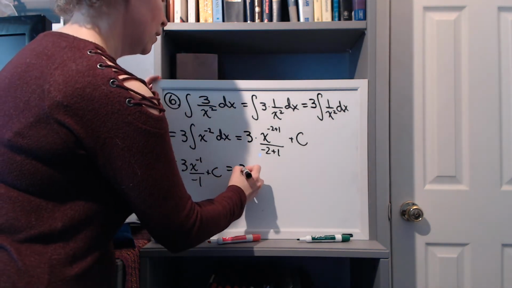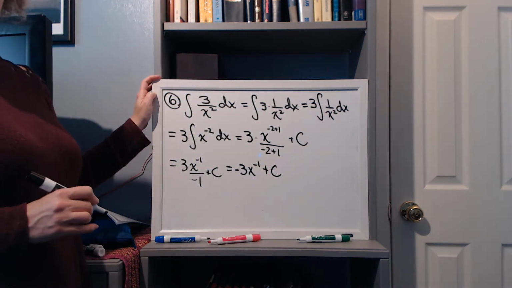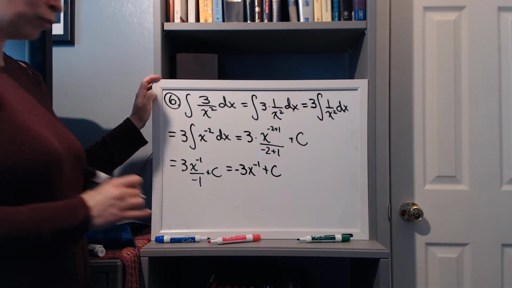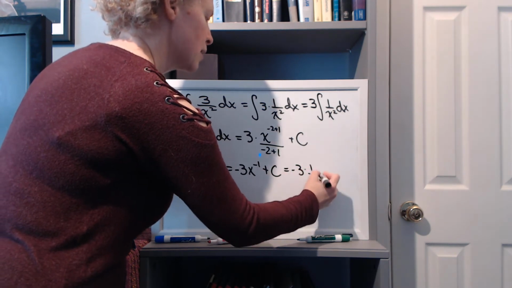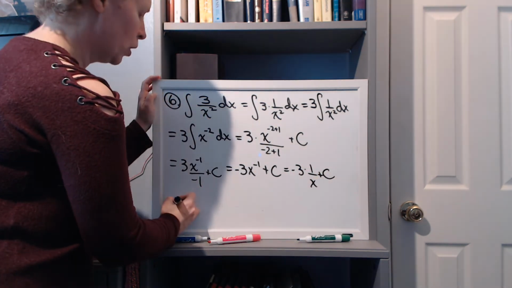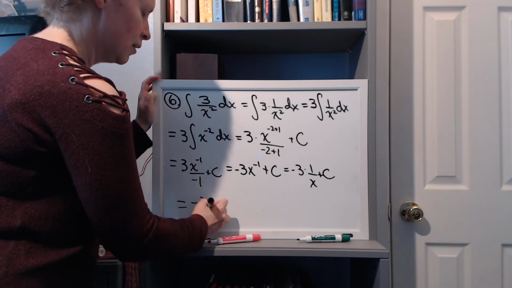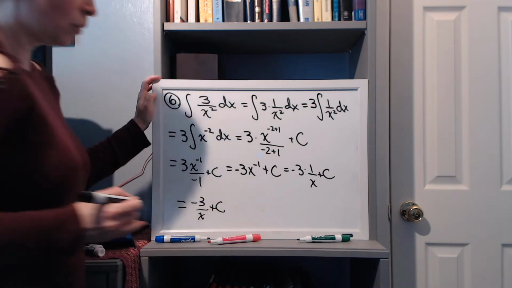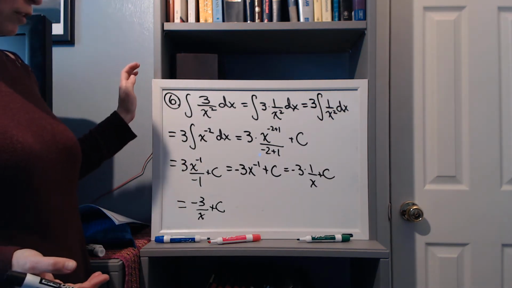So it would be negative 3x to the negative 1 plus c. Or if we wanted to rewrite in the fractional form, this would be negative 3 times 1 over x plus c. Or if we go even farther, negative 3 over x plus c. And as we've talked about before, there are various reasons to want it in one format versus another.